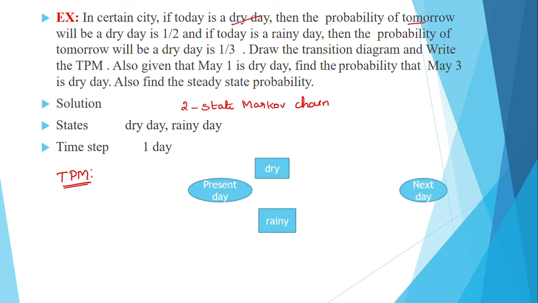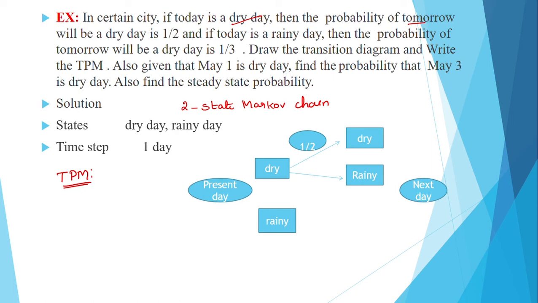If the present day is dry, then the next day will be either dry or rainy weather. That is, there are two possibilities. Dry day to dry day or dry day to rainy day. Moreover, it is given dry day to dry day with the probability 1 by 2.